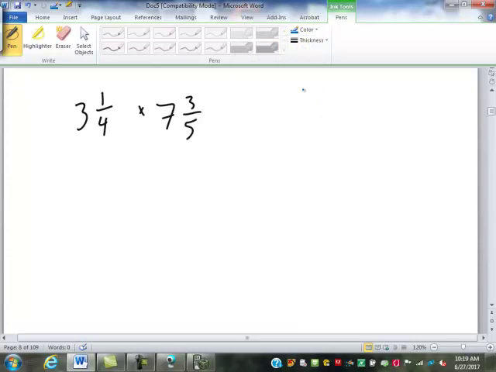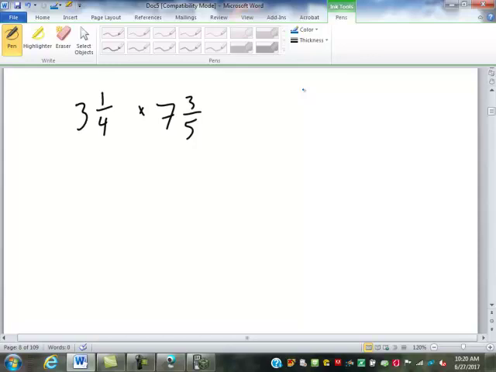Multiplying mixed numbers is an extremely difficult task. In fact, I bet if you went to the nearest university and found 10 math majors and asked them how to multiply mixed numbers, I would be shocked if even one of them could do it correctly. So we avoid doing it.